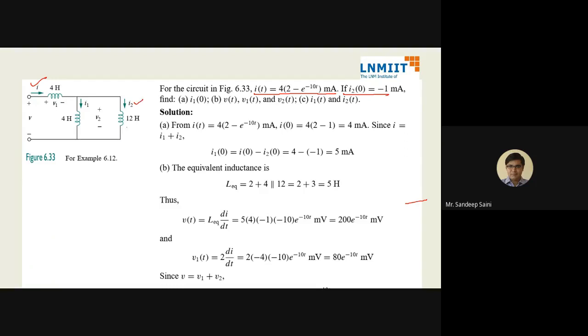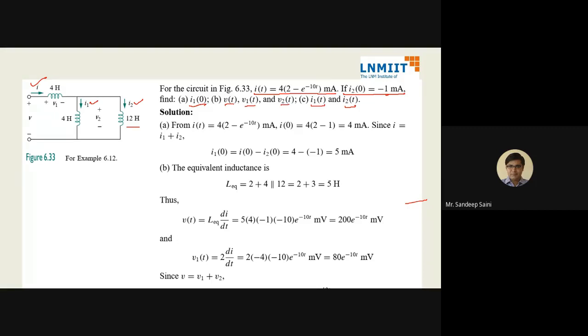I2 is the inductor current and we are saying at t equal to 0 it is minus 1 milliampere. Find I1(0). That means this current at t equal to 0. V(t), V1(t), V2(t), I1(t), I2(t). All these equations and values we have to find.